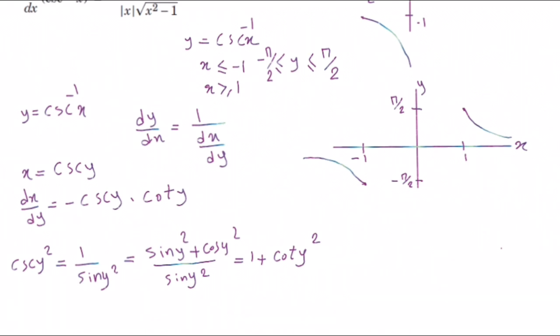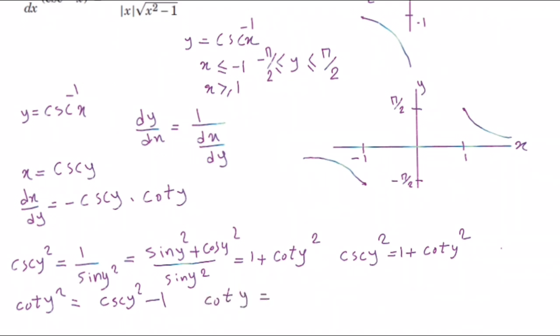So cosecant y squared equals 1 plus cotangent y squared, and cotangent y squared equals cosecant y squared minus 1, and cotangent y equals positive or negative square root of cosecant y squared minus 1.